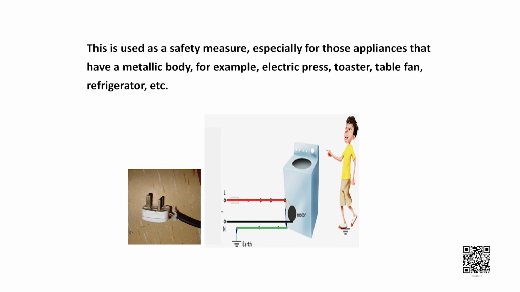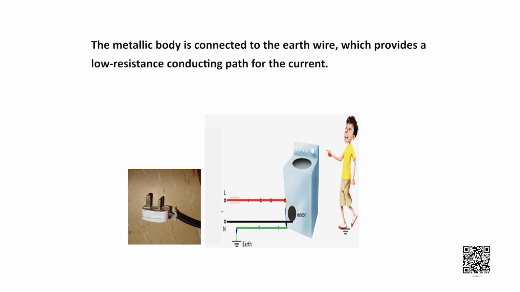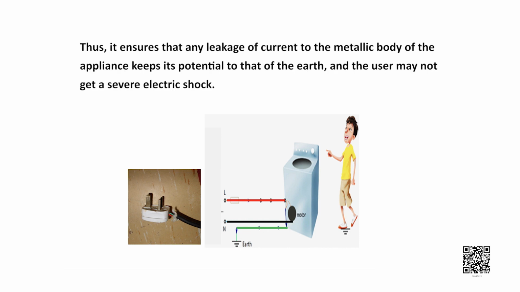For example, electric press, toaster, table fan, refrigerator. The metallic body is connected to the earth wire, which actually provides a low resistance conducting path for the current. Thus, it ensures that any leakage of current to the metallic body of the appliance keeps its potential to that of earth, and the user may not get a severe electric shock.